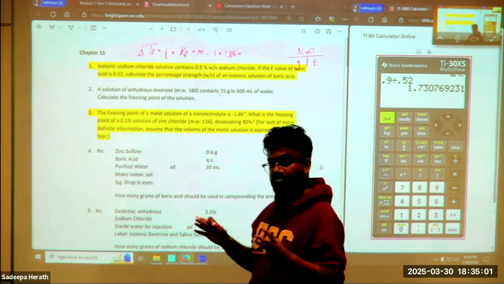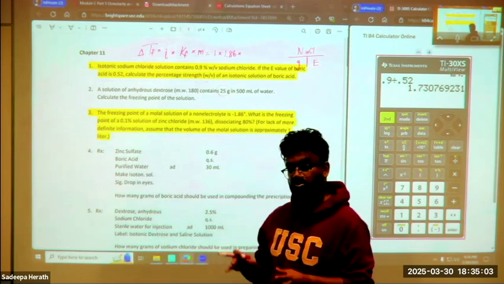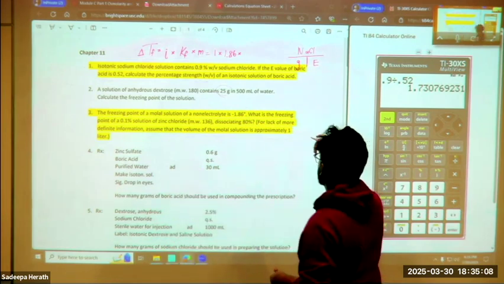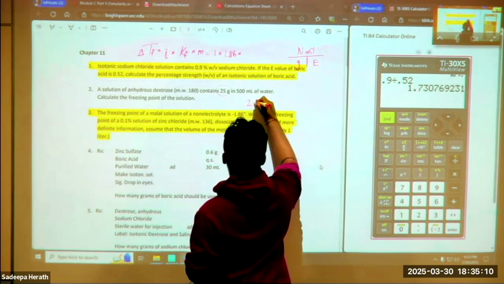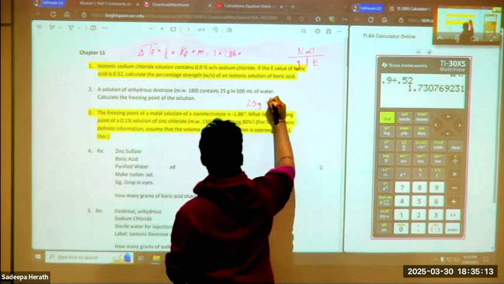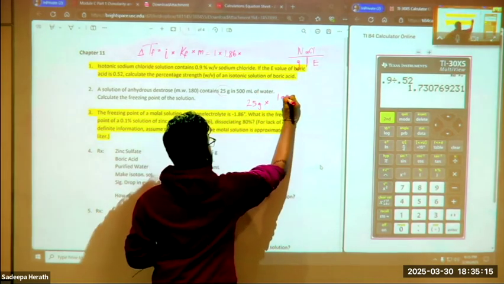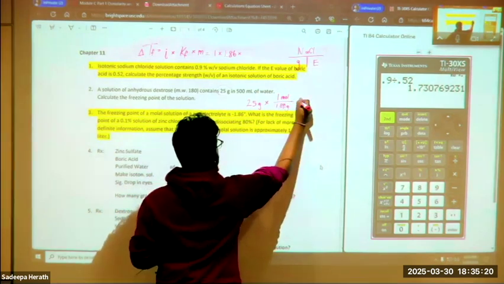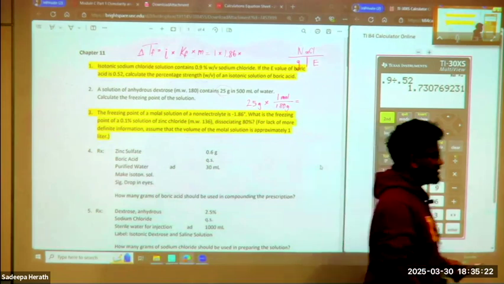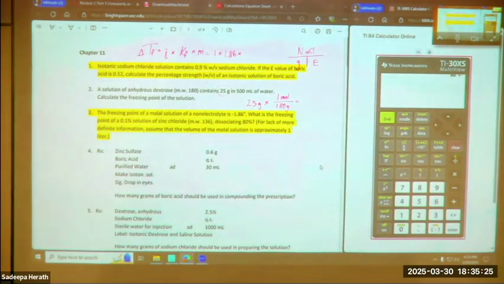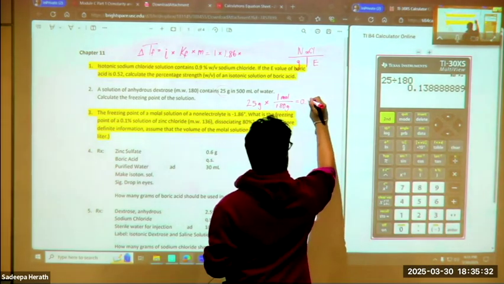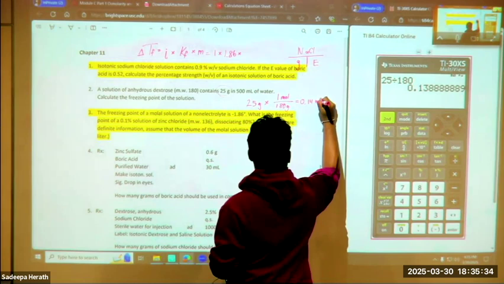What we want is moles, so the conversion factor is the molecular weight. 25 grams times 1 mole over 180 grams equals 25 divided by 180. For the sake of writing, just put 0.14 moles.